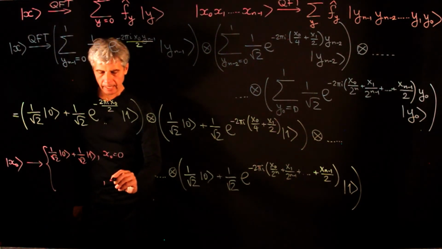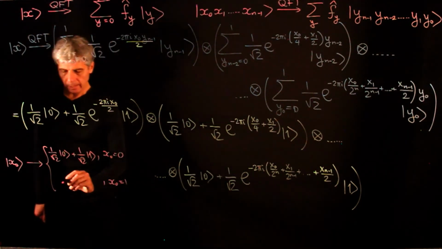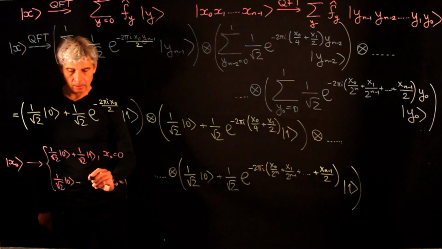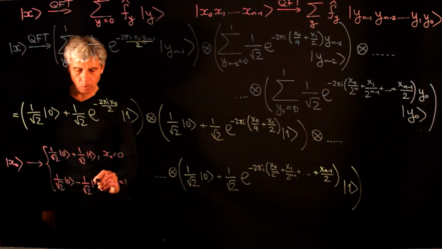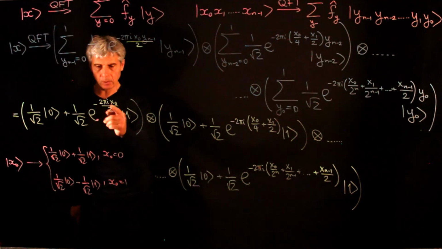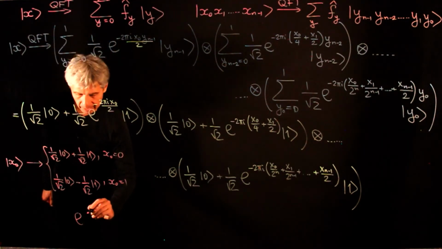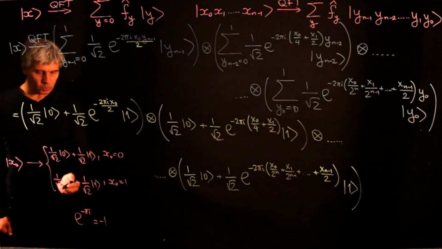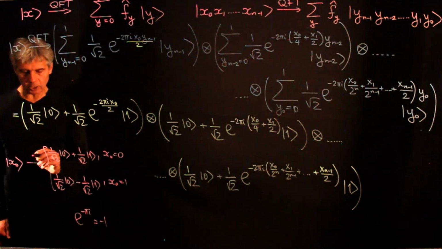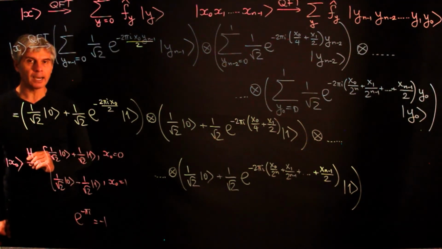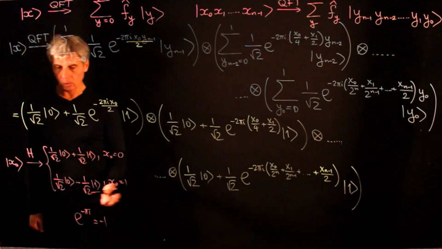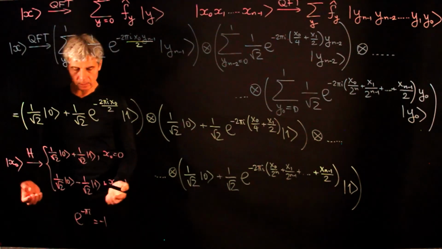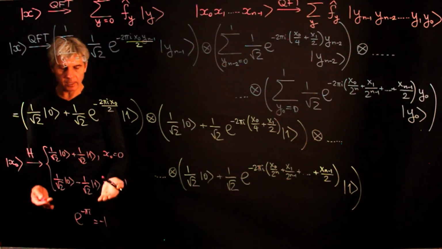And if x0 is equal to 1, then the image is 1 over square root of 2 |0> minus 1 over square root of 2 |1>. This is because e to the minus pi i is equal to negative 1. And so what we see is that this transformation is nothing else but the Hadamard transformation H. So all we do to the leftmost qubit is simply apply the Hadamard transformation.